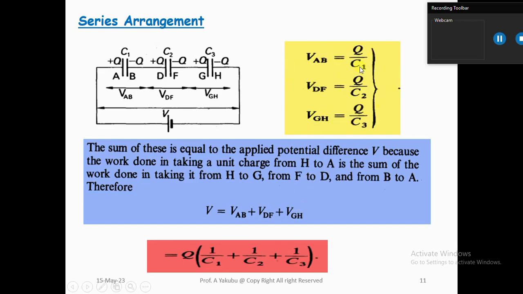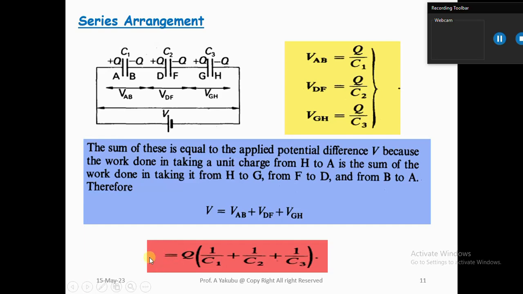Q over C1, Q over C2, Q over C3. Looking at them very well, Q is common in all, and therefore Q comes out here. So our potential difference V now will be Q times (1 over C1 plus 1 over C2 plus 1 over C3).